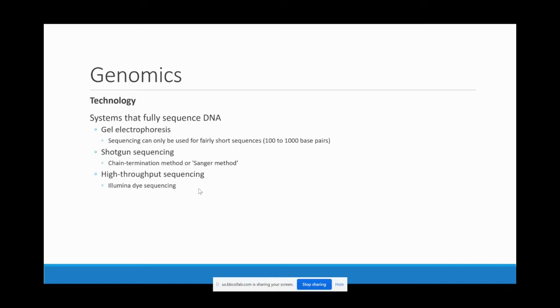Now, this is not one of the areas that we particularly covered, but I wanted to highlight this is one of the newer types of technologies that's being utilized for genomics. So again, the main one that you guys have talked about in how to sequence DNA is this Sanger method. And for shotgun sequencing, they're doing it at a much larger scale, but it's still the same idea, the same principle.